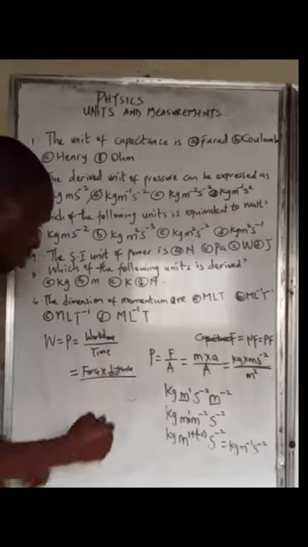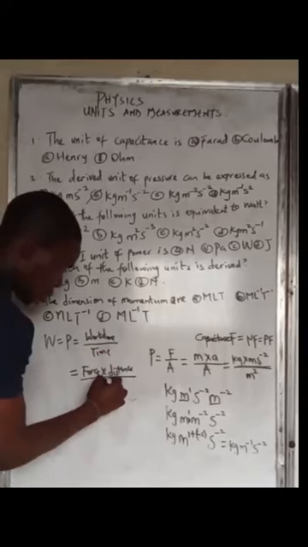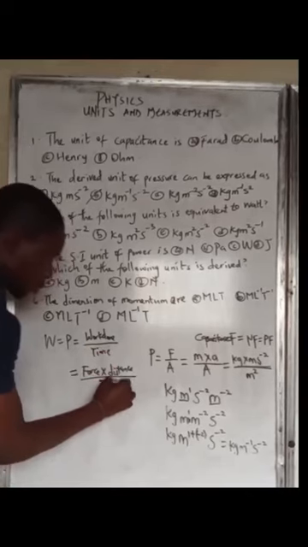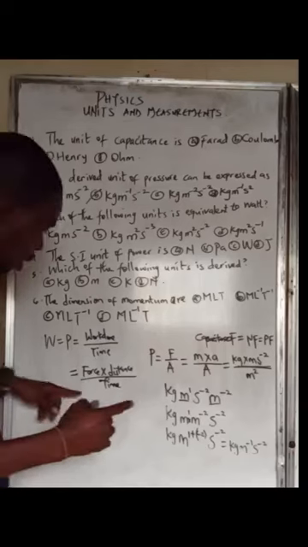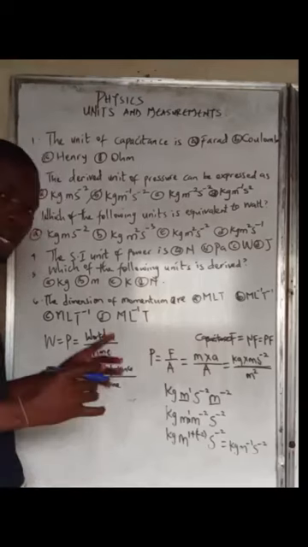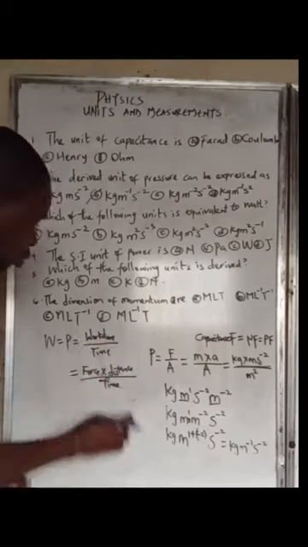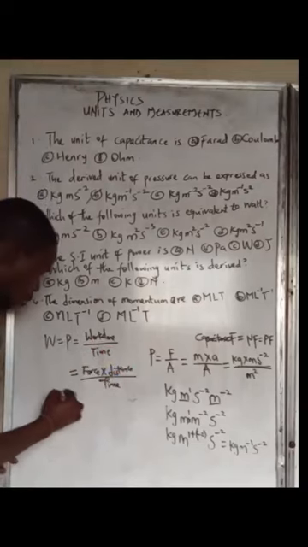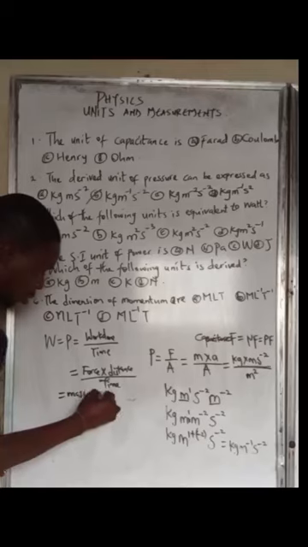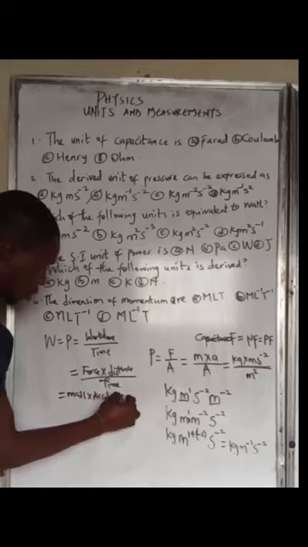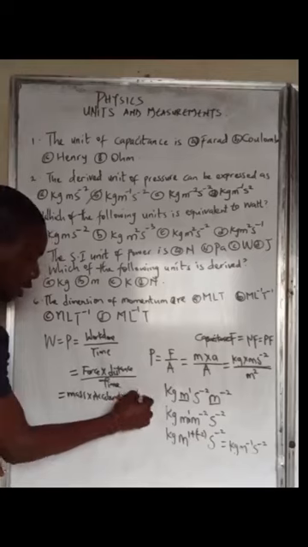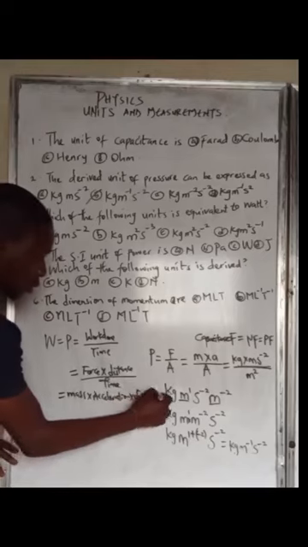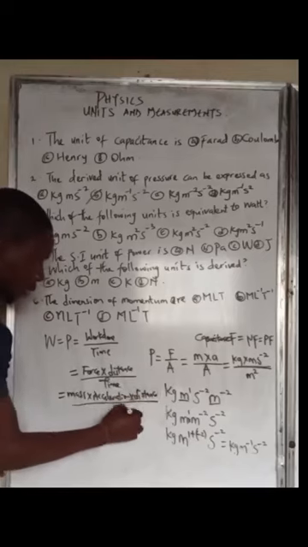Time is given in seconds. So let me write our time. We remember that force is given as mass times acceleration. So I will remove this and put in mass times acceleration, then times my distance over here, all divided by my time.